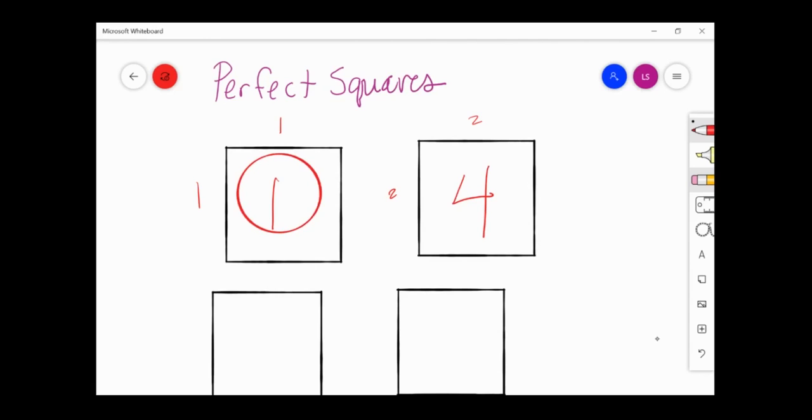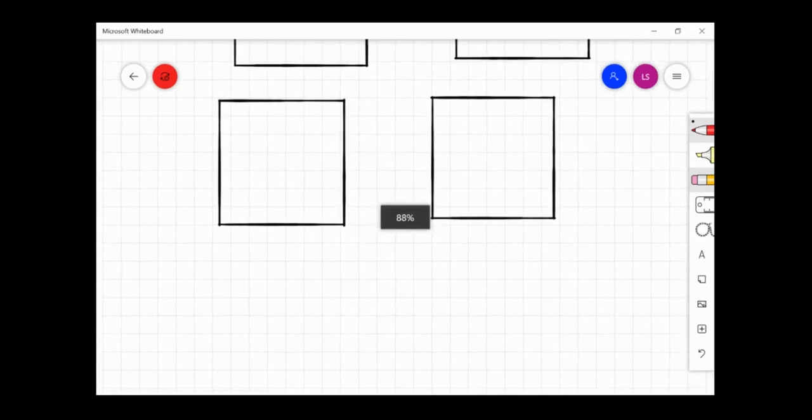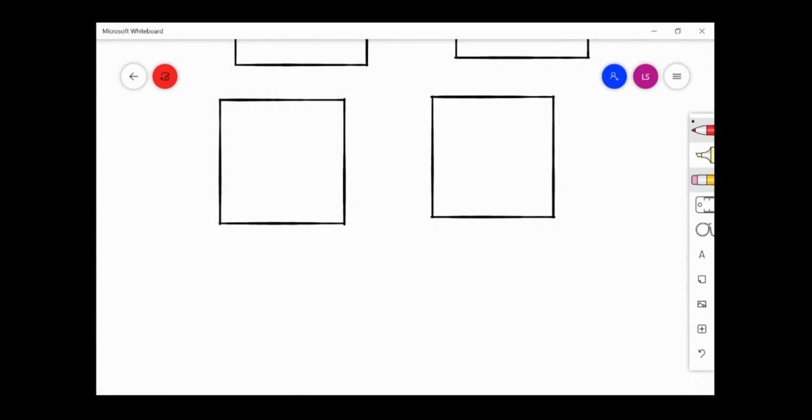So 1 is a perfect square, 4 is a perfect square. What's the next perfect square? Well, if we had a 3 by 3, 9 is a perfect square. Notice how these are matching up to our x squareds. We had 1x squared, 4x squared, 9x squared, and so on. So we can also have a perfect square of 16.